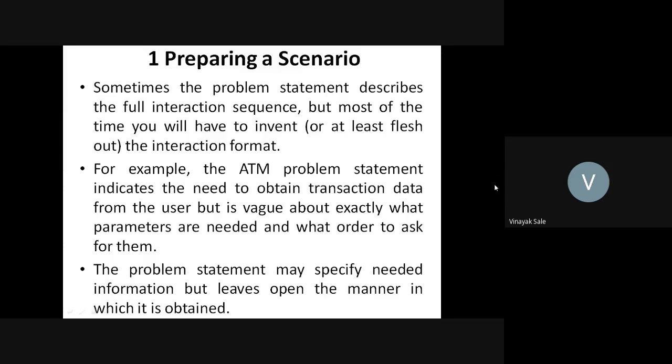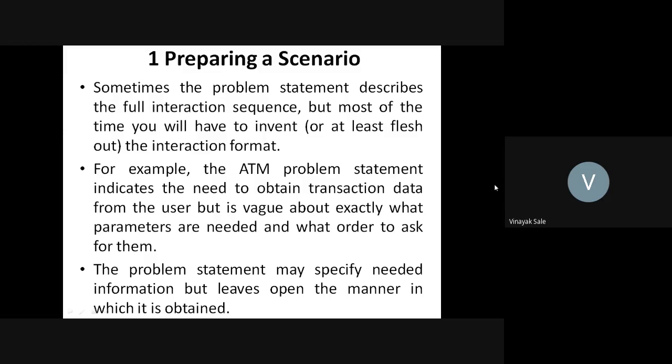Sometimes the problem statement has more accuracy than expected, but sometimes there is vagueness or ambiguity in the problem statement, so you have to flesh out that interaction format. For example, in the case of an ATM, the problem statement indicates the need to obtain transaction data from the user, but is vague about exactly what parameters are needed and what order to ask for them.